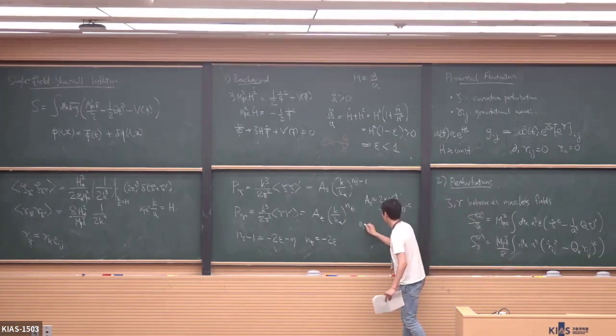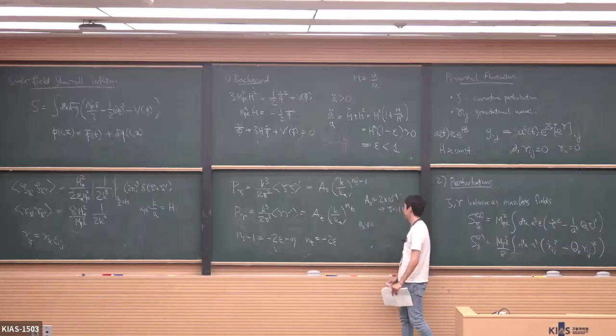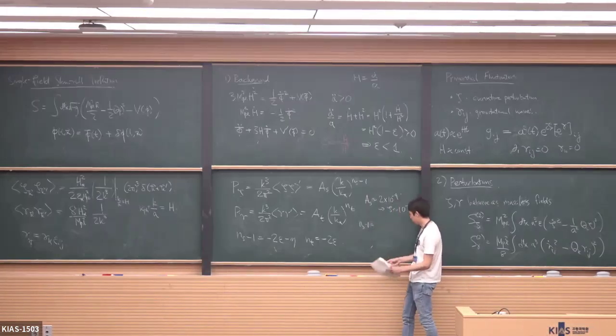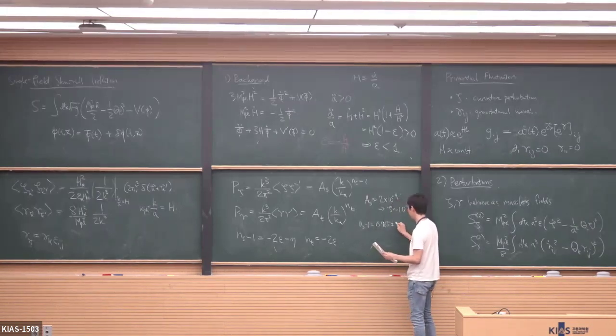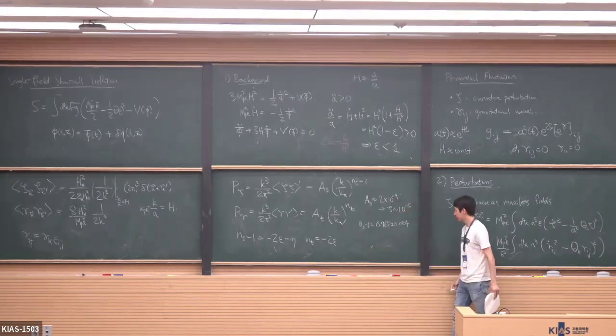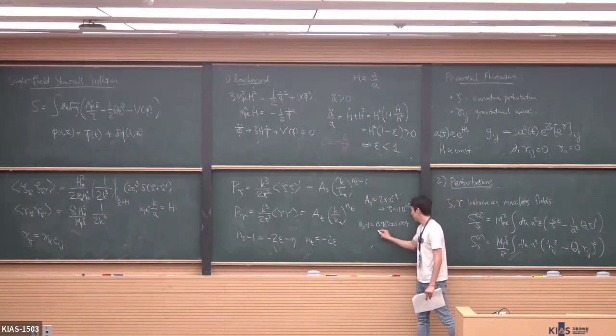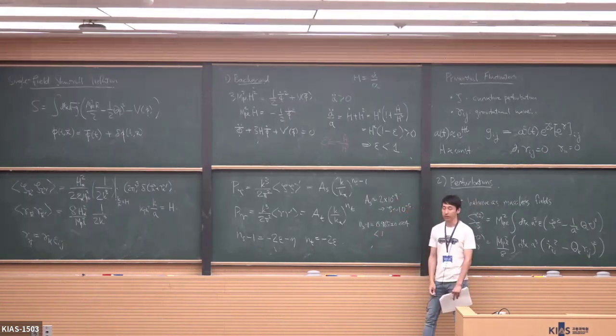We have also very accurately measured n_s minus 1, the spectral tilt, and n_s is given by 0.965 plus or minus 0.004.